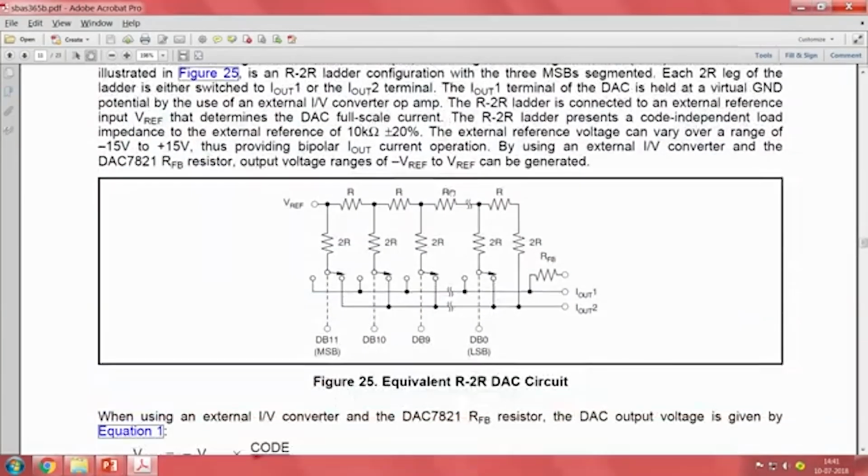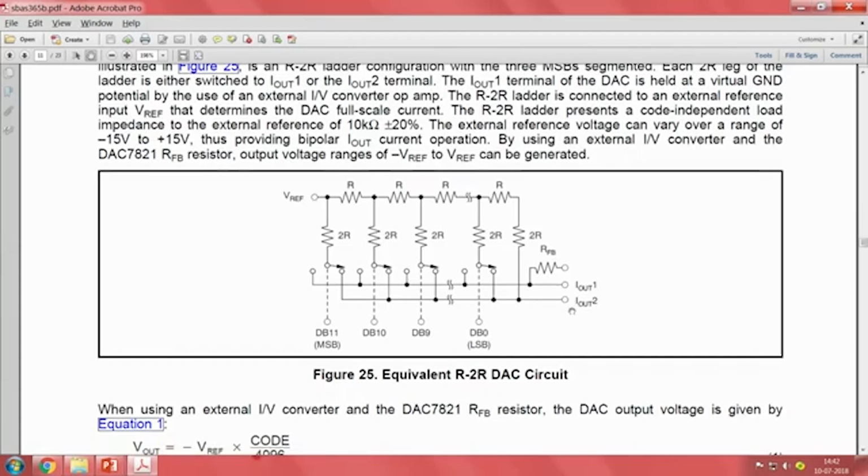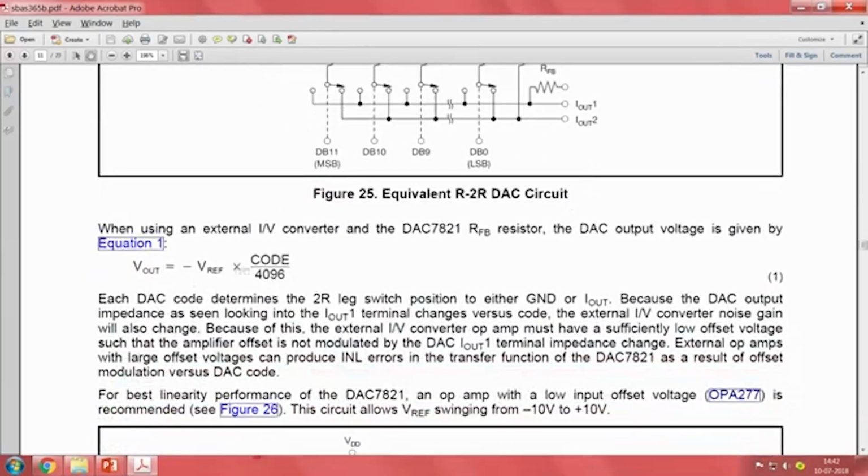Then they have shown how the R2R ladder DAC operates. I will not get into the details of this, as it has been covered in the theory portion. So, how the R2R ladder DAC works, how the digital inputs are given, and then the analog voltage is generated. Then they have given the value of the code and the V out.